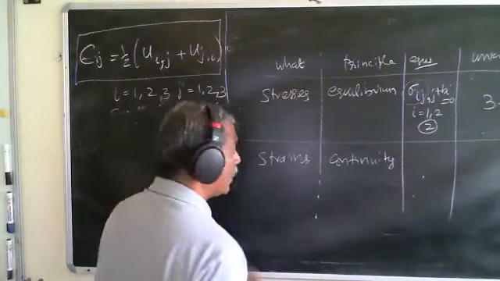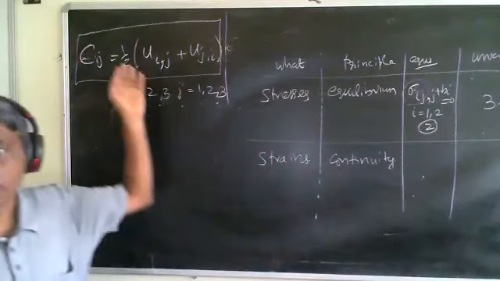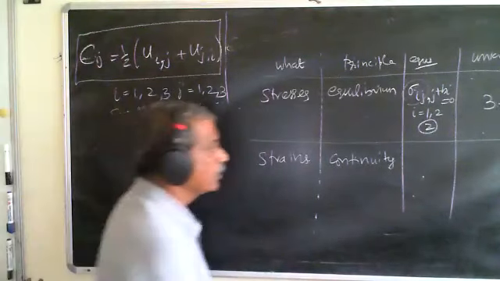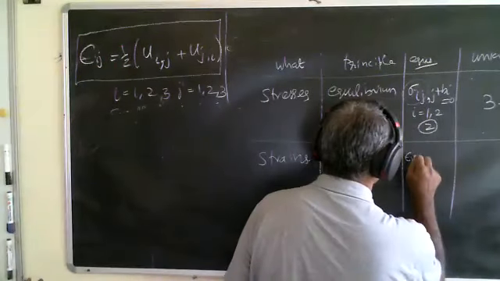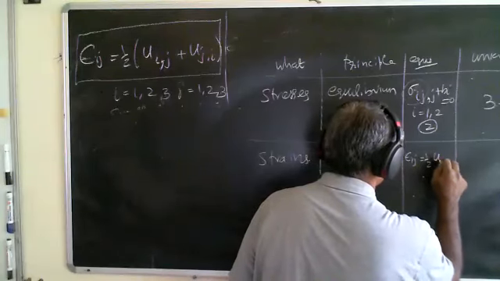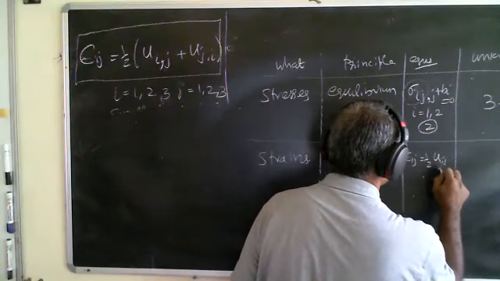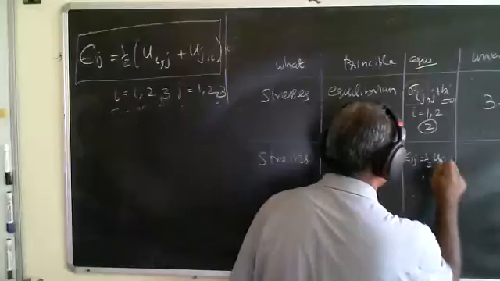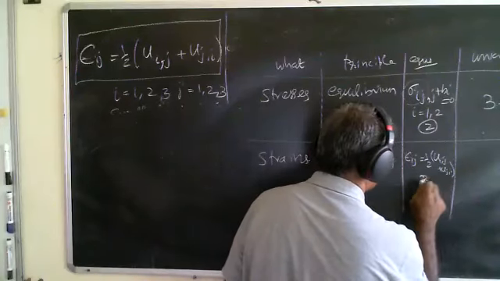How many equations have we written now here? 3 equations, right? So epsilon ij equals half of ui comma j plus uj comma i, right? And this is 3 equations.